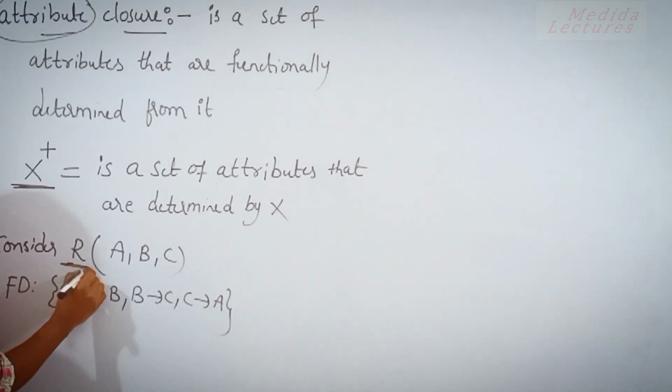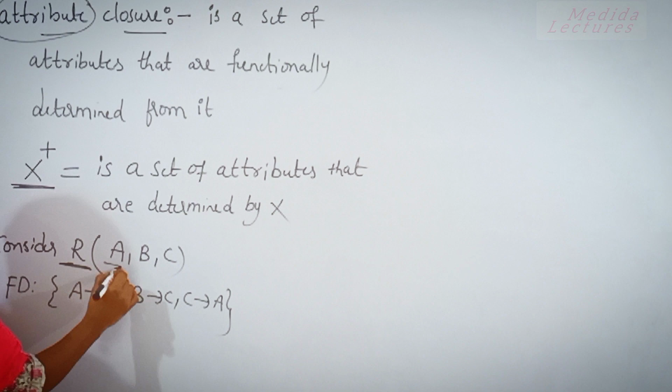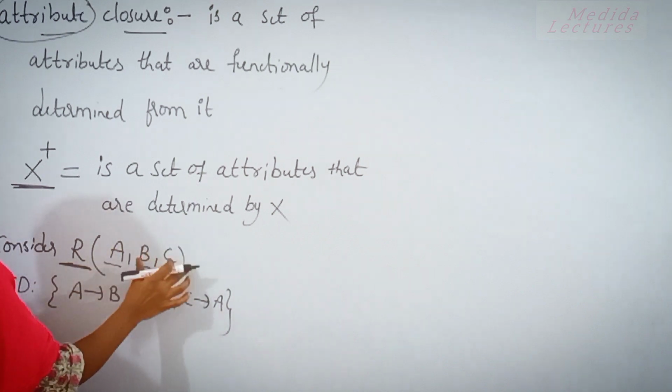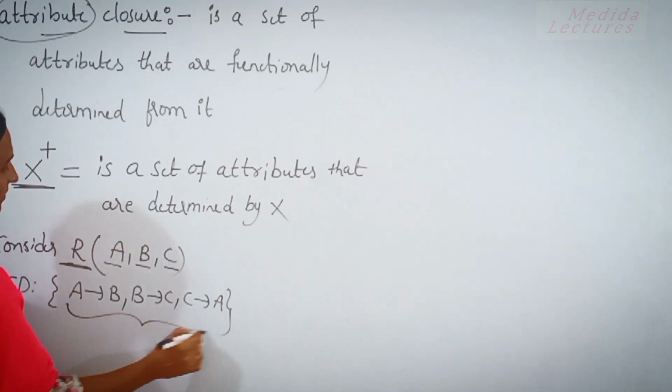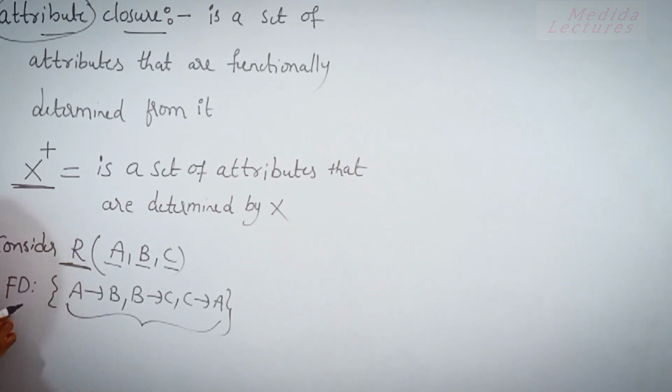In this relation, A, B, C are attributes and these are the functional dependencies. I want to find out A closure. So how to find out A closure?